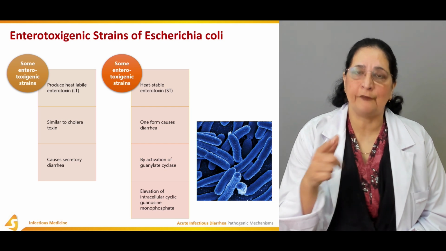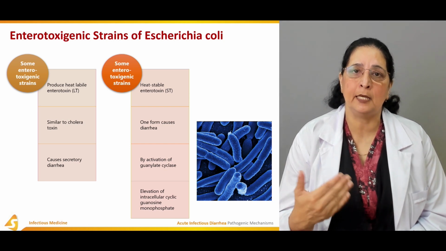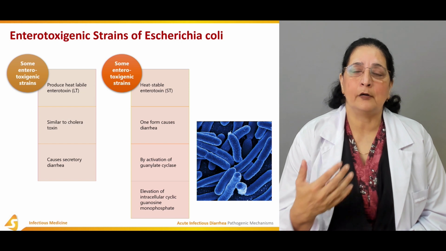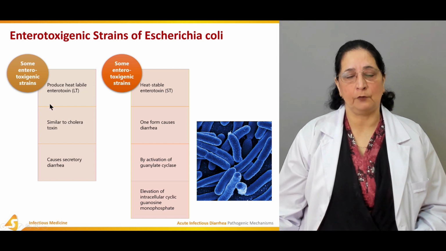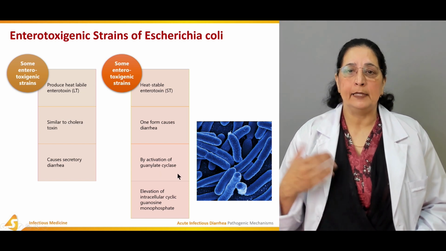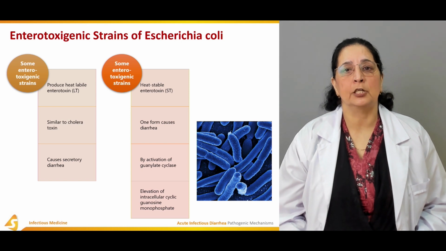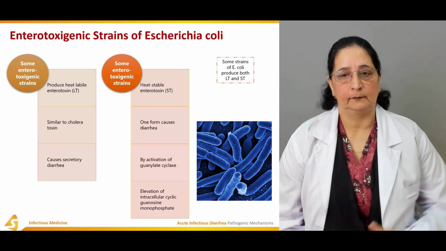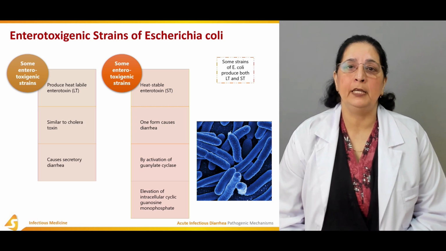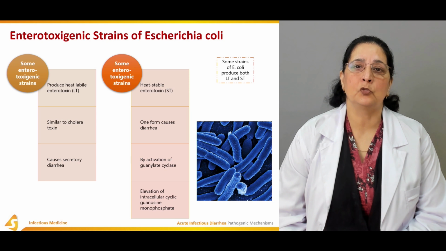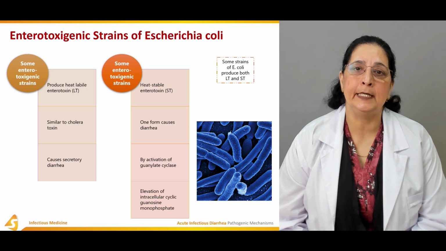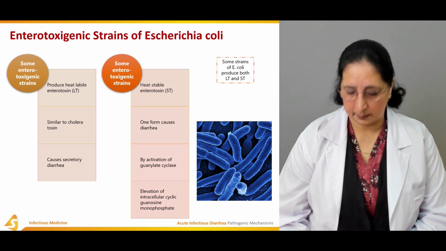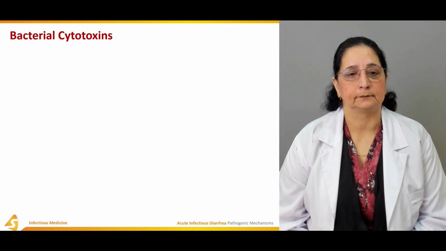So the mechanism of action of this is pretty much the same as the cholera toxin, by activation of guanylate cyclase that causes an increase in the production of the guanosine monophosphate. Some strains of E. coli can produce both heat labile and heat stable enterotoxin.